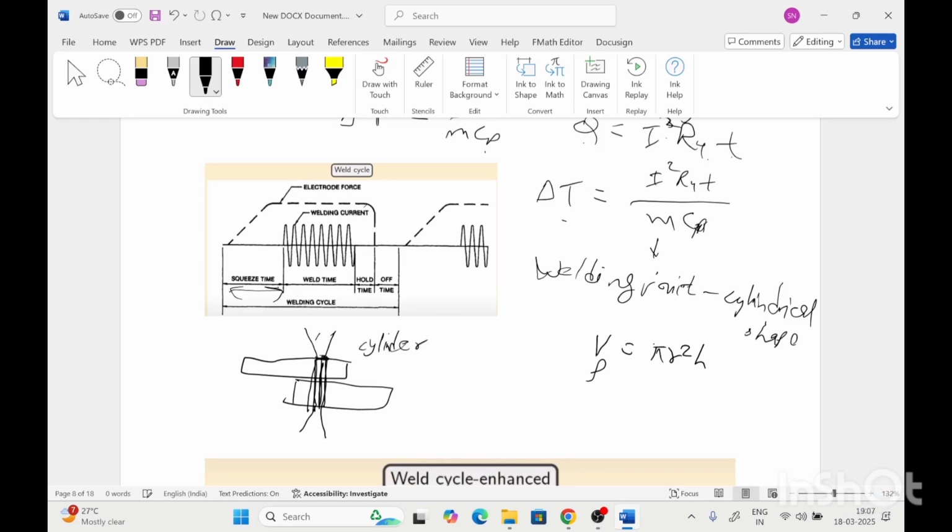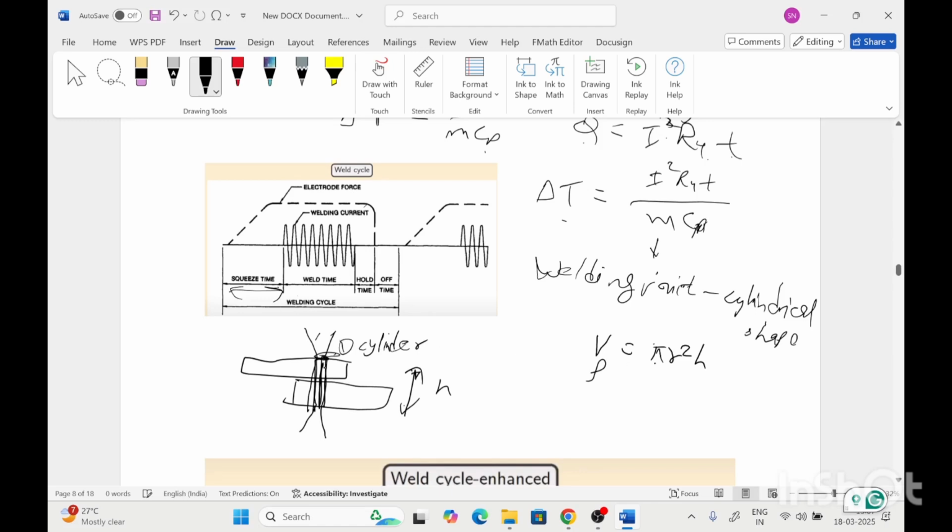So we can easily calculate the volume of the cylinder by pi r square h. H is the total thickness of these two plates. This is H, and R is the contact area between the electrode and the plate.